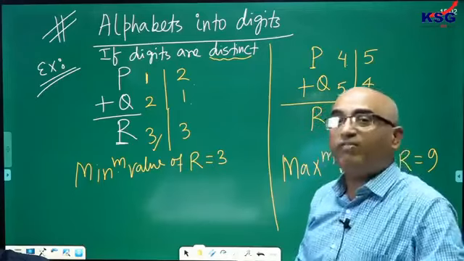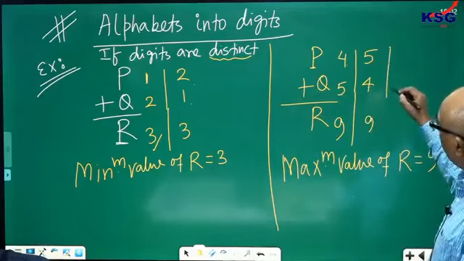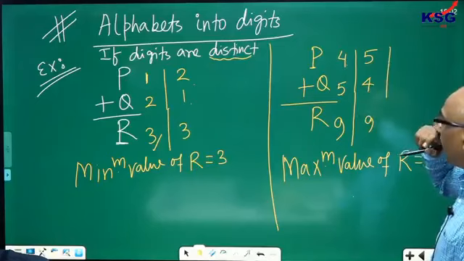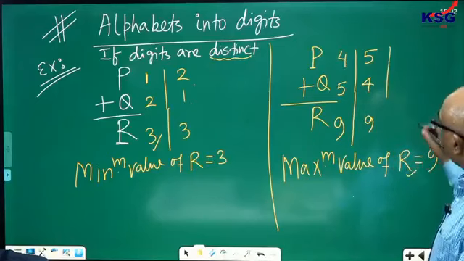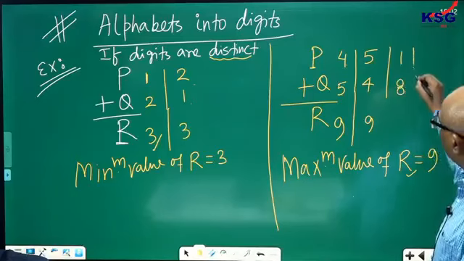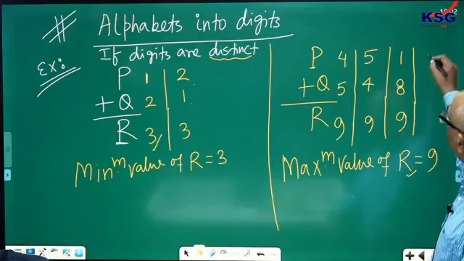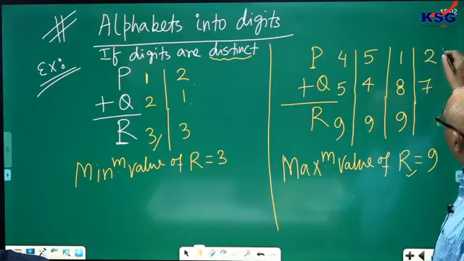There are so many values possible here. I have taken 4 and 5, but the maximum value of R can also come if P is 1 and Q is 8. If P is 2, Q can be 7, also 9.